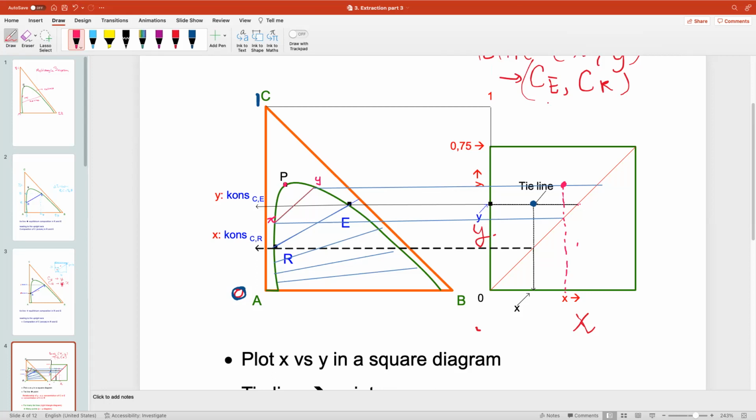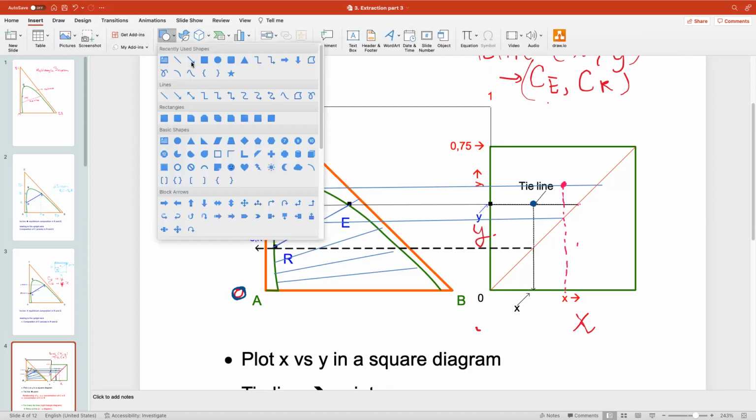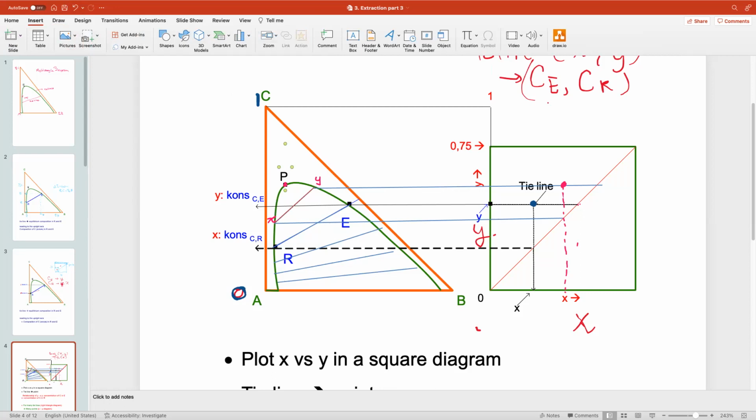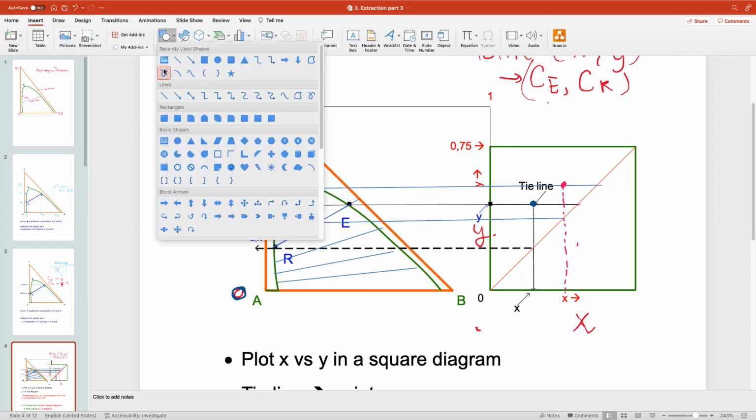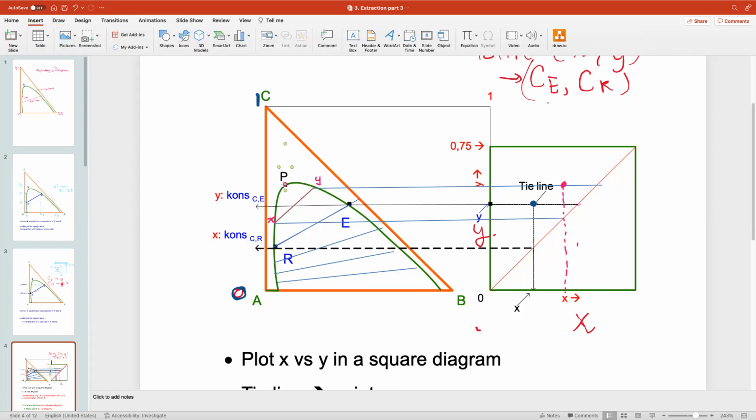And for the plate point, the extract and the raffinate are in one point. So then the x would be equal to y. So for the plate point, we only need to draw one line from here into that point.